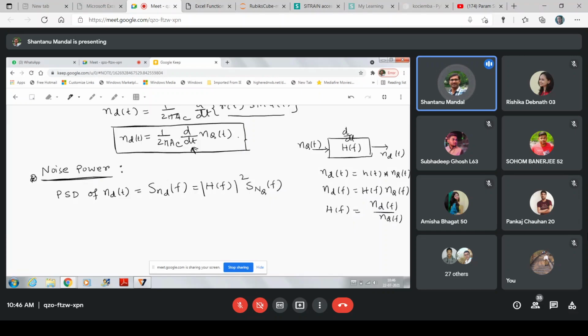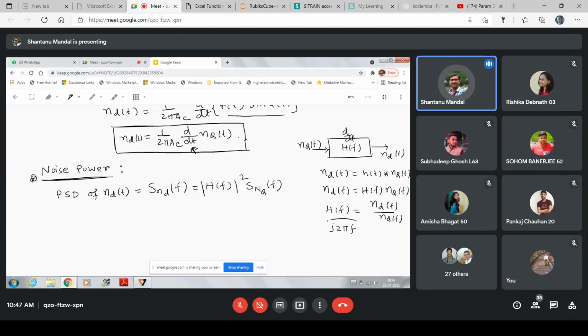So here H(f) equals j2 pi f, because it is a differentiator.